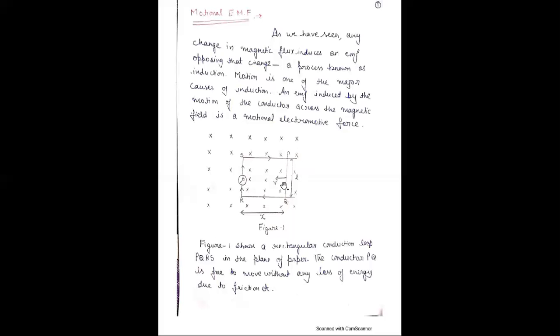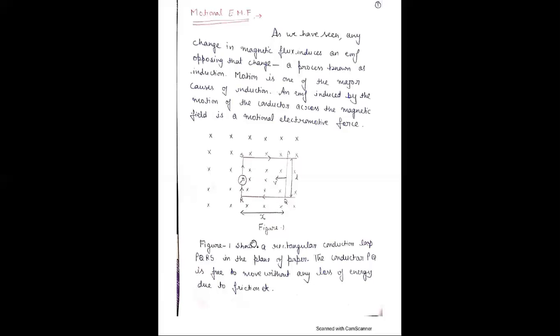If the area decreases due to movement of side PQ, there is a decrease in magnetic flux. Due to this change in magnetic flux, an EMF is induced in the loop, as detected by the deflection in the galvanometer connected in the loop.